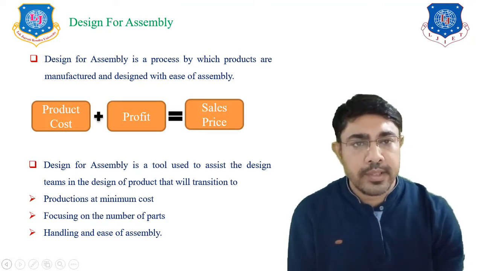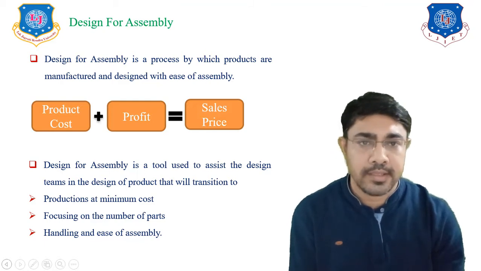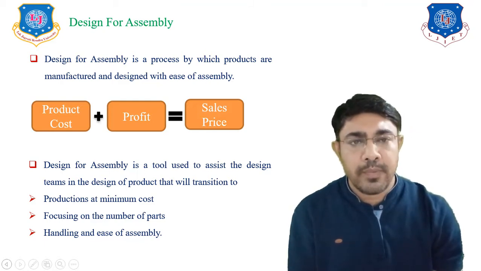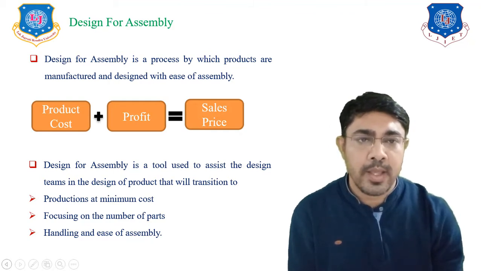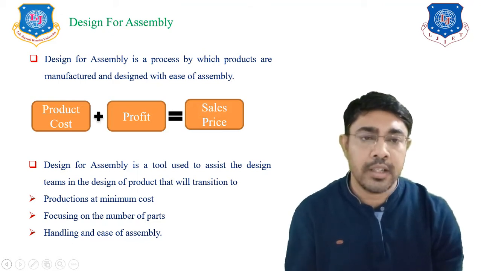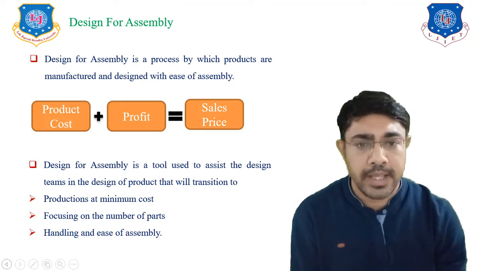So to reduce the production cost, we have to implement design for function, like design for manufacturing, design for assembly, design for maintenance, design for environment, etc. So that we can reduce the production cost and optimize our price.